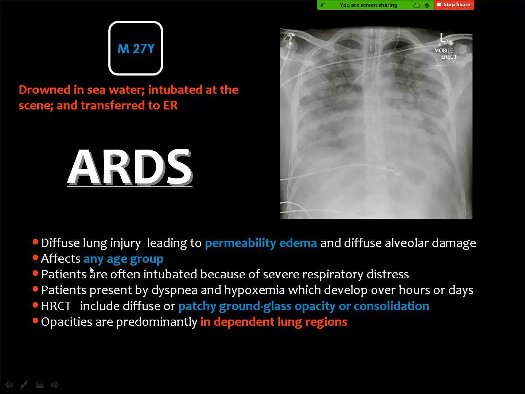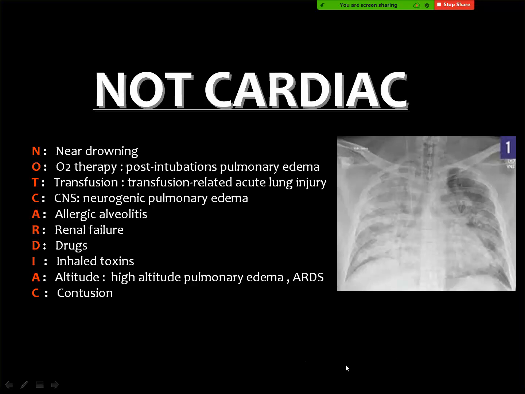The changes can occur at any age, also in the pediatric and in the neonates. Then you got extensive opacities in the lung. At first, these opacities represent pulmonary edema. Later on, they represent consolidation. And the causes of these acute respiratory distress can be remembered by this abbreviation: not cardiac.